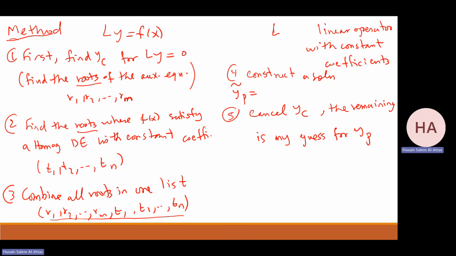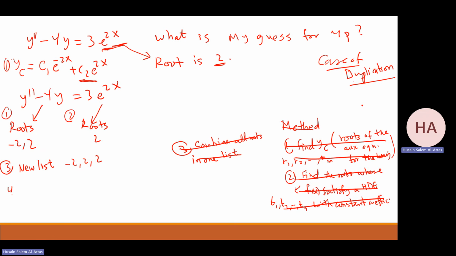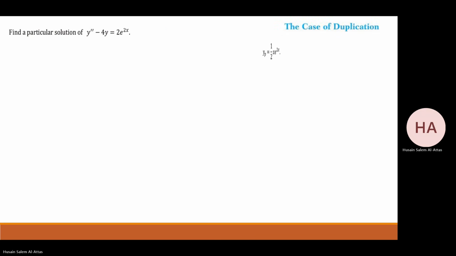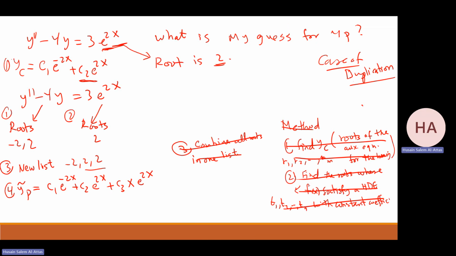My first step, construct a solution. For what is yp hat? I combine those: C1 e to the minus 2x plus C2 e to x. Since I have repeated, plus C3 x e to x. Is that my yp? No, I call it yp hat. What is my yp?